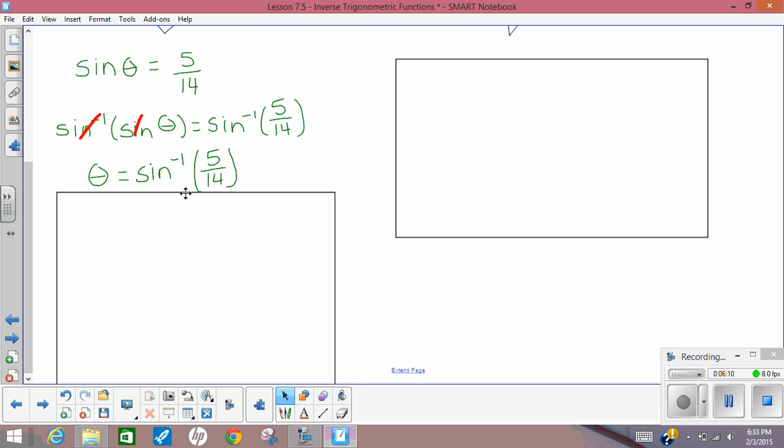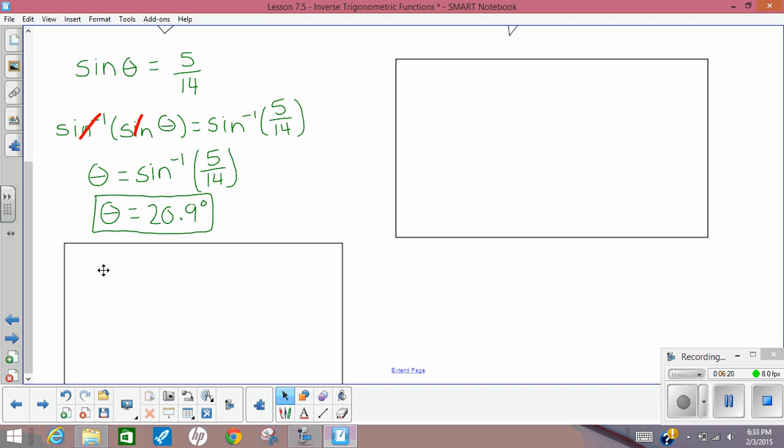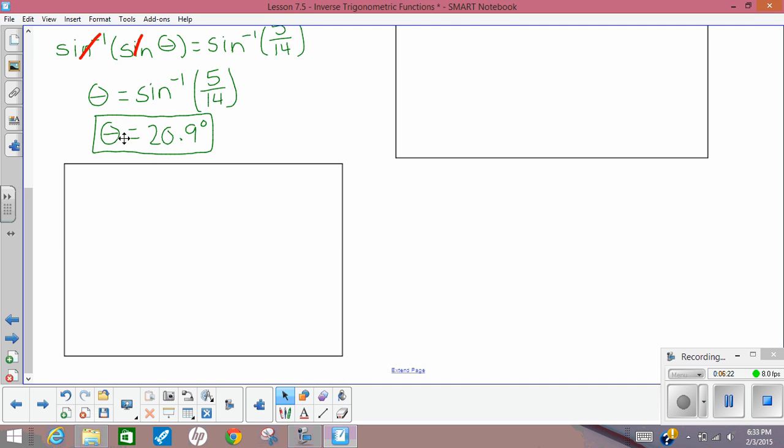So on the left, I just have theta left. Sine inverse and sine canceled each other out. Over here, I need to use my calculator now. I hit the second function, press sine, that gives me sine inverse, and I type in 5 divided by 14. And that tells me that the angle I was looking for is approximately 20.9 degrees.